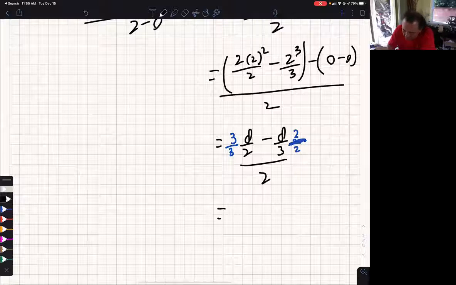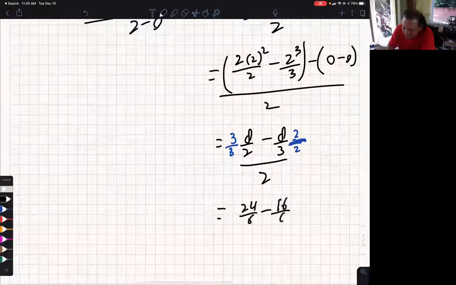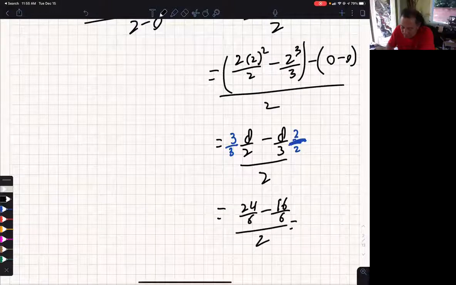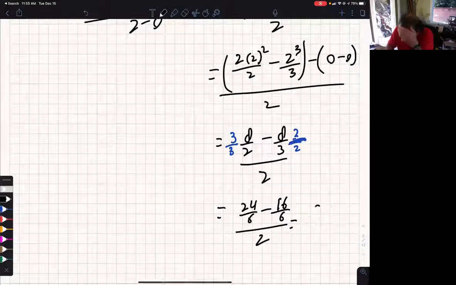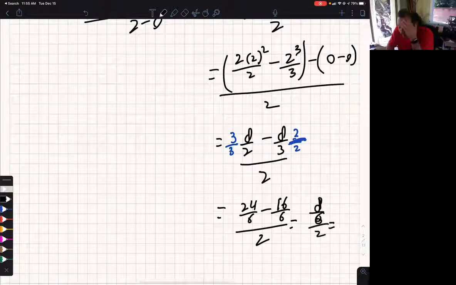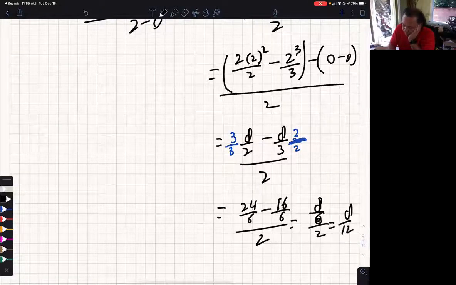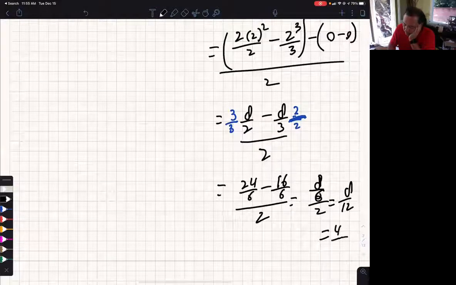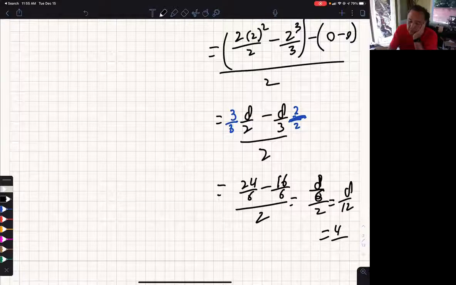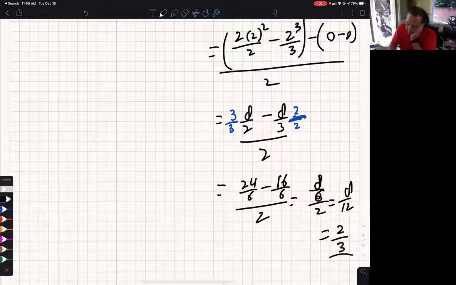And this will be 24 over 6 minus 16 over 6, over 2, which is going to be 8 over 6 divided by 2, which is 8 over 12, which is 2 over 3. 2/3. That is my average value.